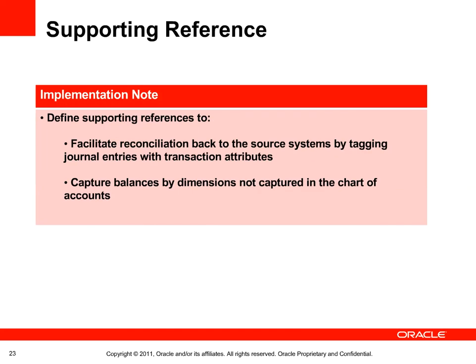Supporting references is a powerful tool to allow tagging journal entries with transaction attributes. You can use these tags to report on entries, reconcile entries back to source systems, and even maintain balances at the attribute level.